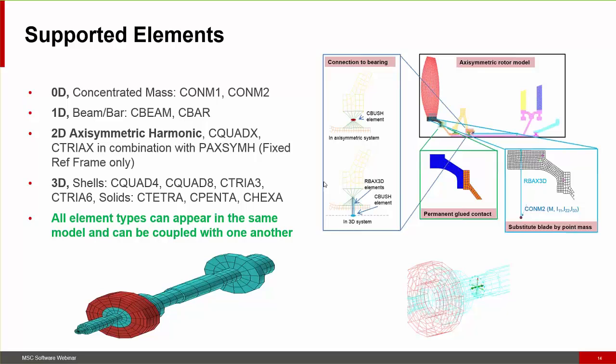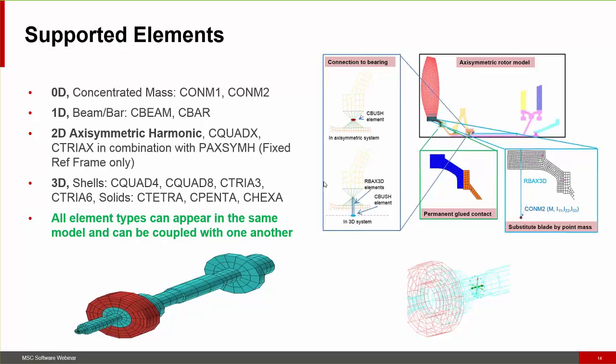And then we are talking about the 2D axisymmetric harmonic formulation, which uses axisymmetric elements, but they're then augmented with a PAXIM H card, which is an azimuthal Fourier expansion that produces a 3-dimensional displacement field.